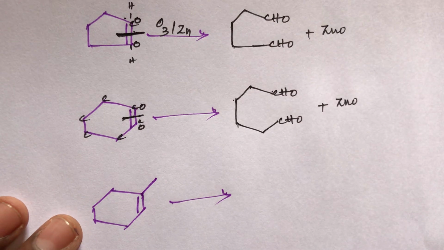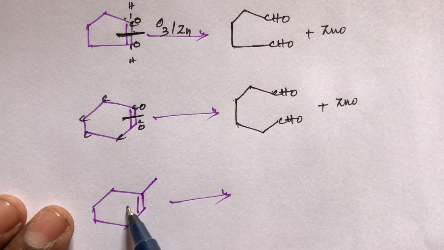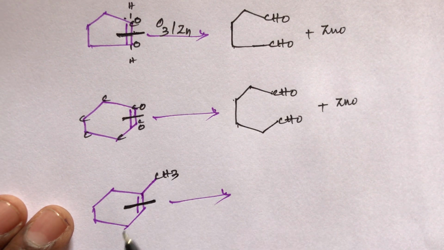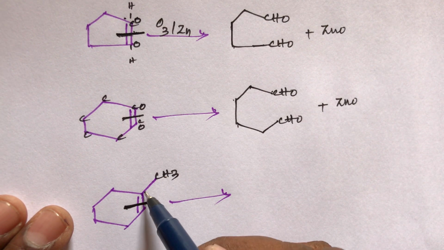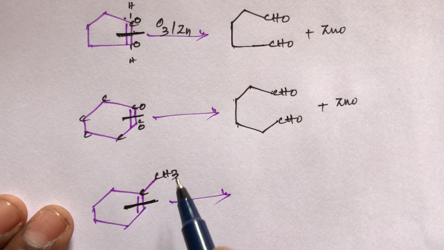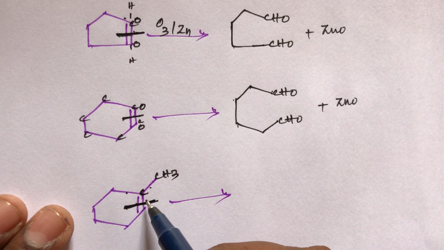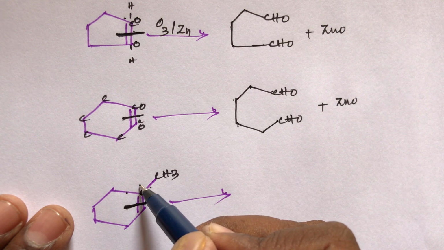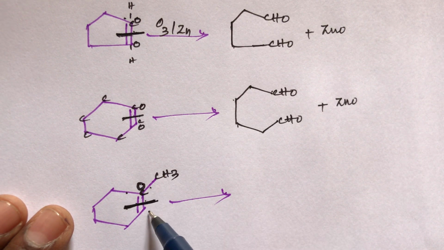Now take another example. Cut this bond. Here one methyl group is there. Cut this bond. This carbon already has four bonds, 1 2 3 4, and there is no hydrogen, so it is converted into a keto group. Put one oxygen here, put one oxygen here.